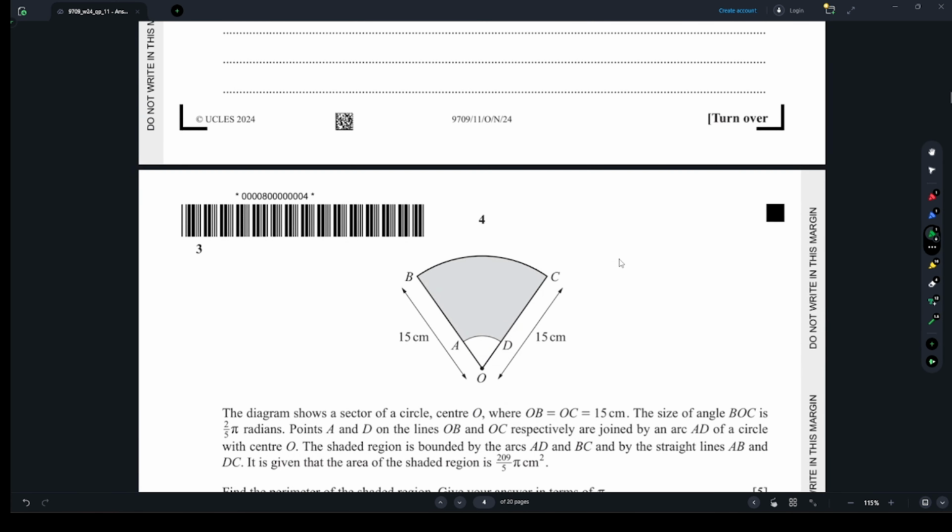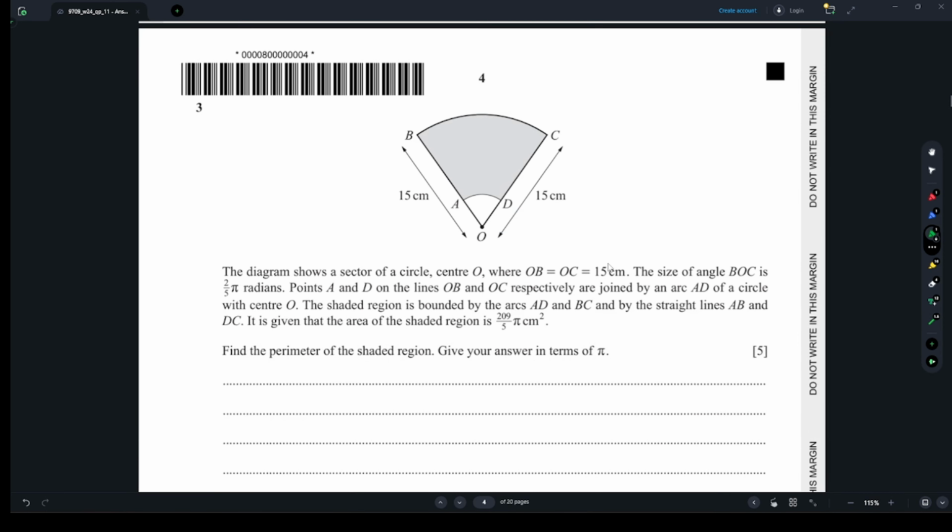Right, now let's move to the third question. So here they gave us a diagram that shows a sector of a circle, center is O, where OC is 15 centimeters. The size of the angle BOC, so this angle is 2 pi over 5, right?